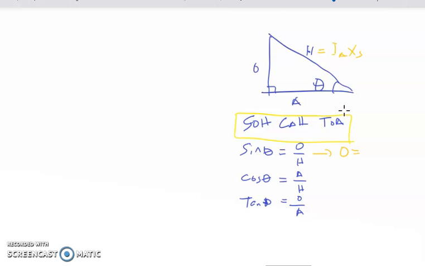If you want to find the opposite value, opposite is equal to hypotenuse times sine theta. If we are looking for the adjacent, adjacent is equal to hypotenuse times cos theta. And opposite, with the formula of tangent, is equal to adjacent times tangent theta. This is going to be applied in our vector calculations that we shall learn in the coming time.